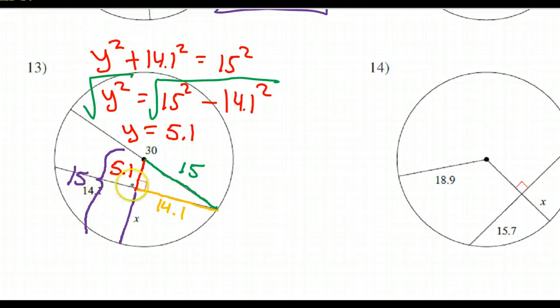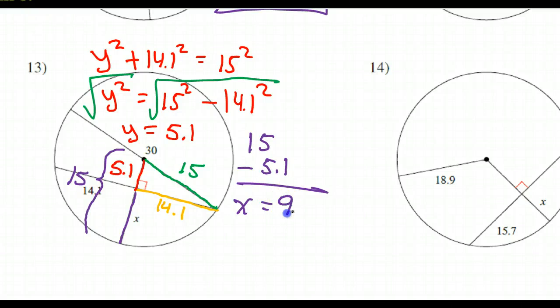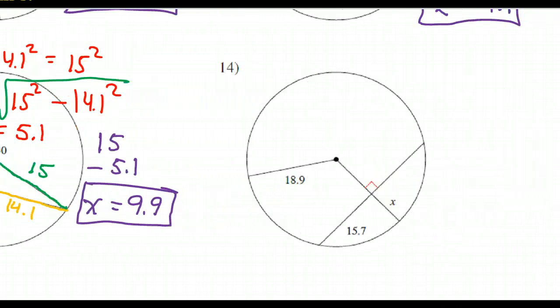So if the total radius is 15 and this red part is 5.1, I should be able to subtract the red part to find x. So I should be able to do 15 minus 5.1 to get my x. So what's that going to be, 9.9 or something? 9.9. Okay, that is what I'm coming up with. So that's how you do that.